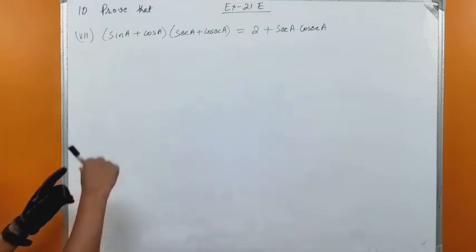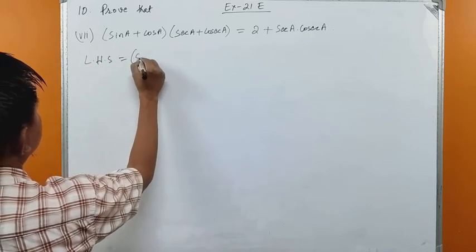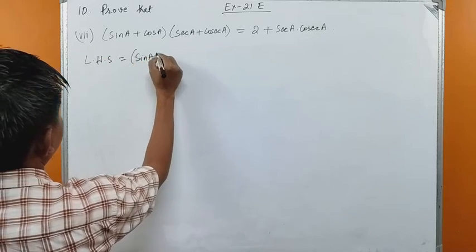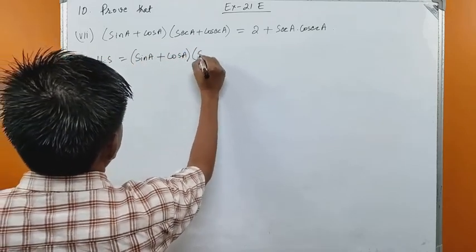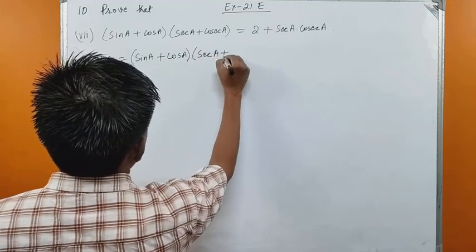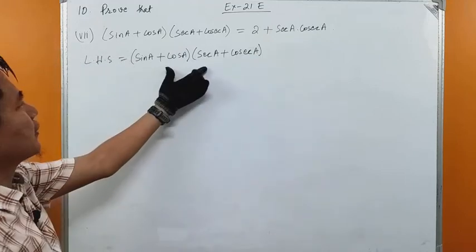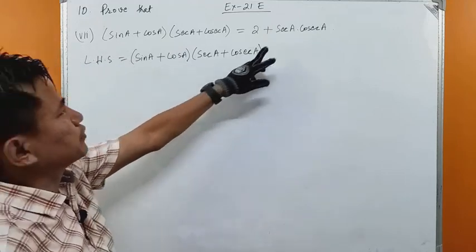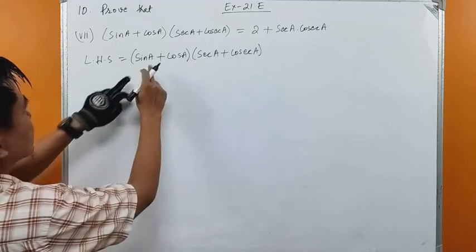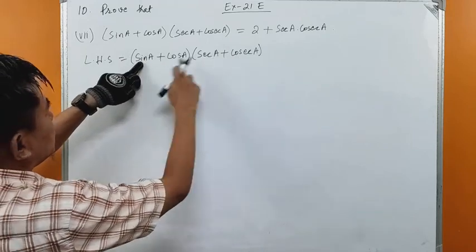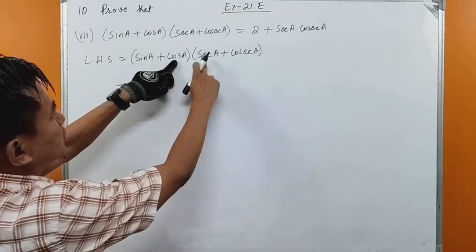So let's do this. LHS equals sin A plus cos A into sec A plus cosec A. So this is the left hand side and we are asked to use this and prove this. First I multiply these two numbers with sin A, and after that I multiply cos A with these two numbers.